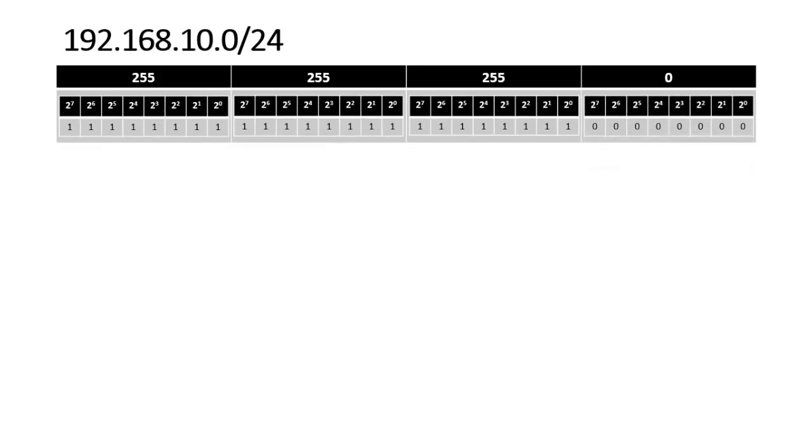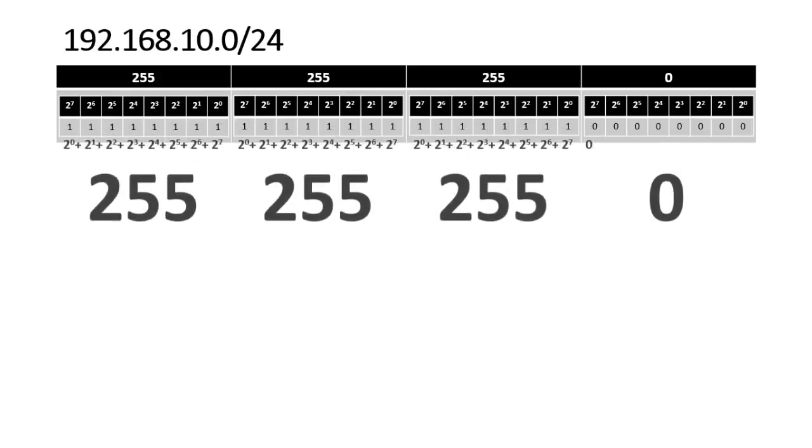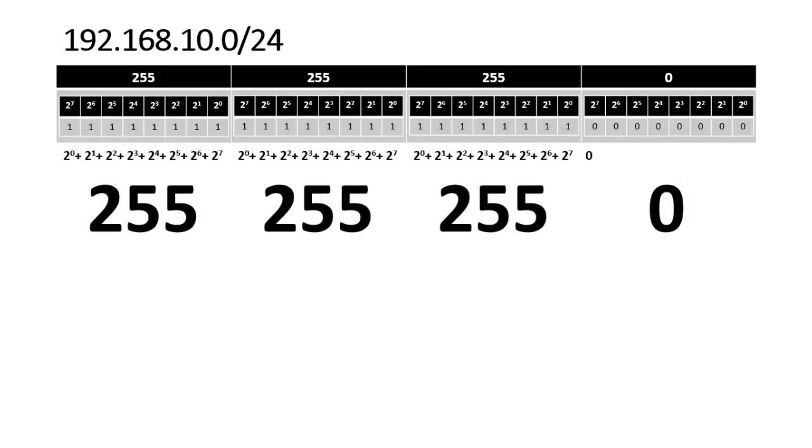Bits in each block are counted from right to left and are written as 2 to the power 0, 2 to the power 1, 2 to the power 2, 2 to the power 3, 4, 5, 6 and 2 to the power 7. If you add all these network bits, the total you will get is 255.